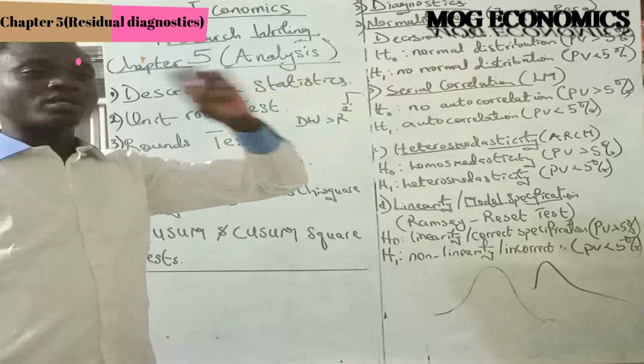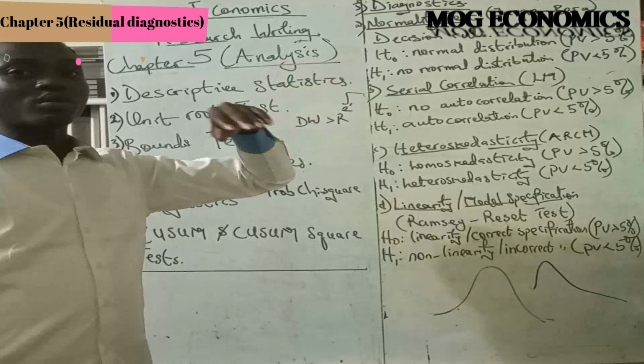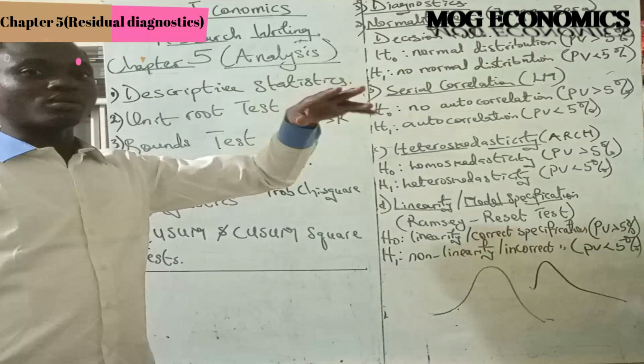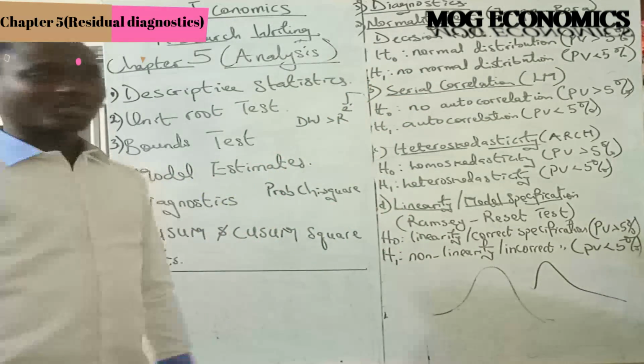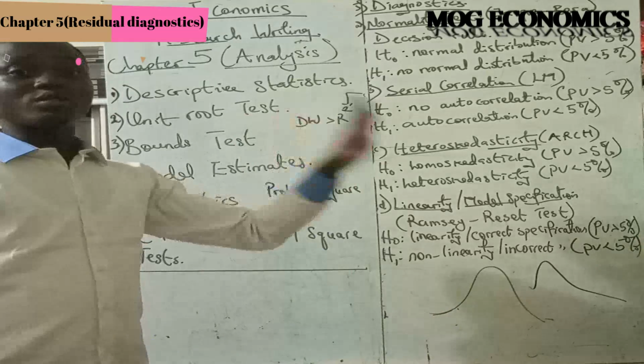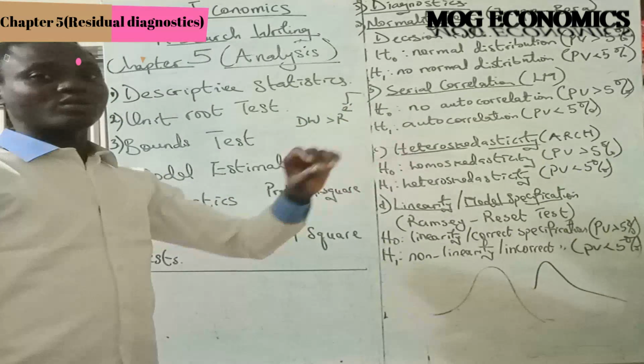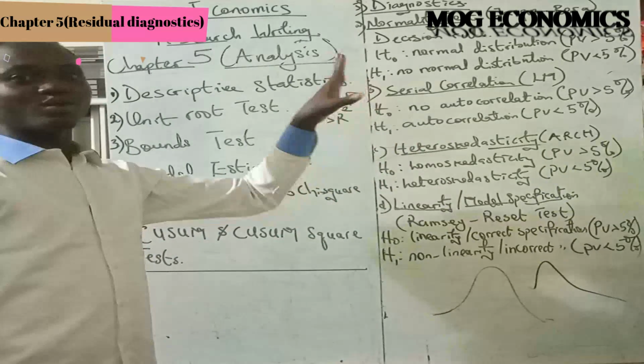Usually H naught will contain what you would like to see. So H naught is normal distribution, and the alternative hypothesis is no normal distribution. I'm not saying you're going to write it like this, I just want you to understand it.